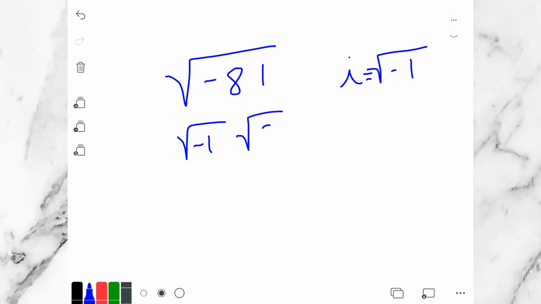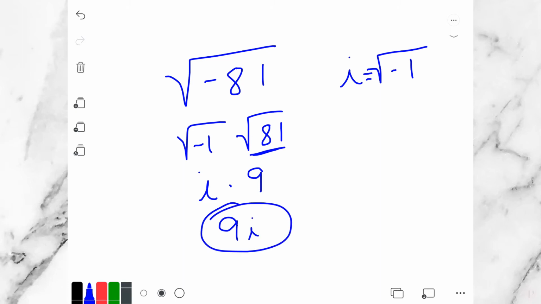You don't actually have to rewrite this every time, but for the sake of trying to make you understand where it's coming from, I'm going to. So the square root of negative 1, that's your I. And then the square root of 81 is 9. Again, we don't really write it like that. We're going to say 9I, and that is your answer. Again, I equals the square root of negative 1.